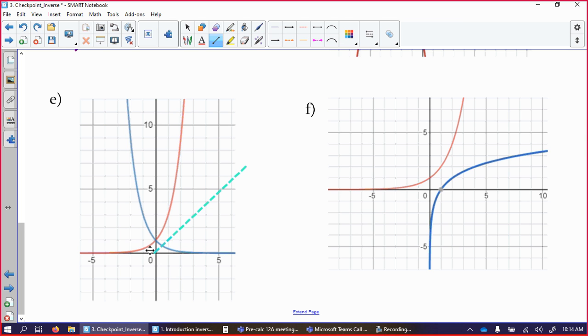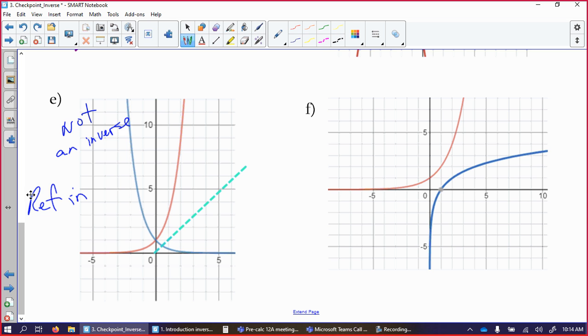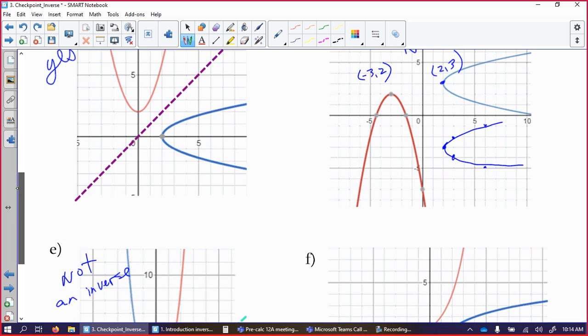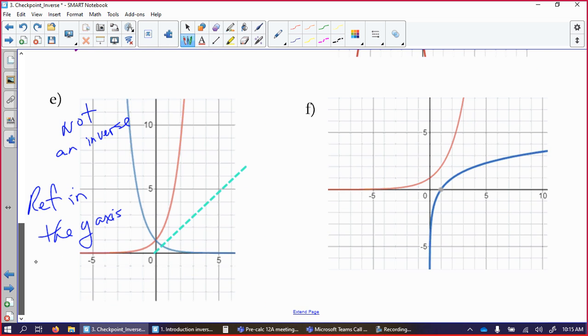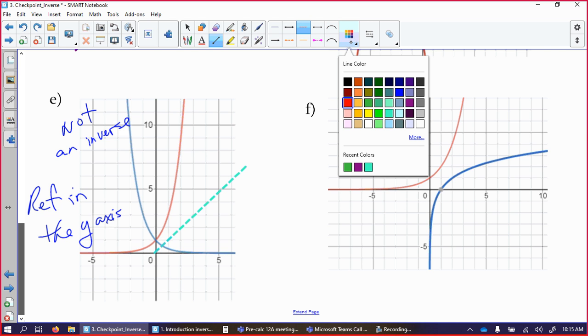Those obviously, even though that point is identical, it's just a reflection on the y-axis. Now I'm curious. That could be an inverse and a transformation. There's nothing going on there. But that red line and that red line look kind of similar. Not totally identical, but they're pretty close.